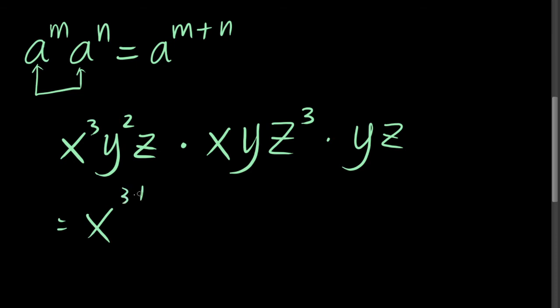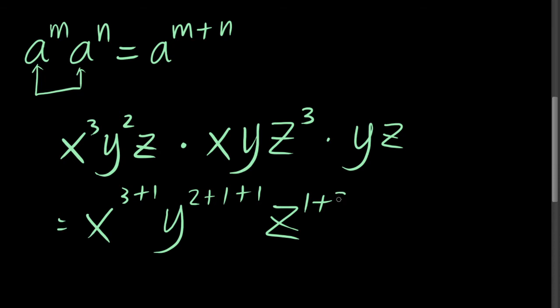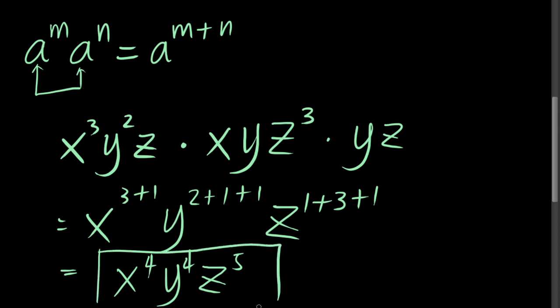We have 3 plus an exponent of 1, but we don't write that. We just know there's 1 there. Y, you have 2 and then another invisible 1 right here and another one right here. Next, z. We also have one, we just don't see it. Plus 3, plus another 1. And to simplify this, it becomes x raised to 4, y raised to the 4, and z raised to 5. Final answer.